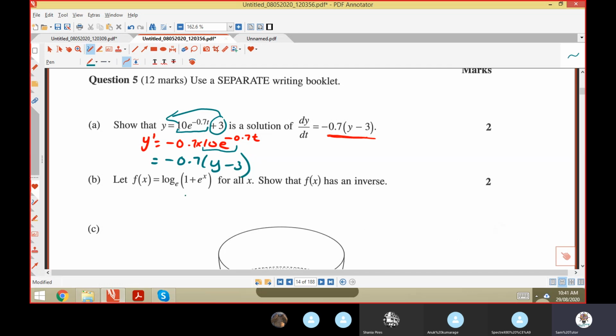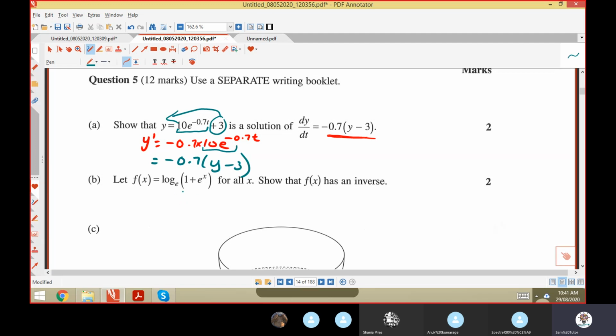You don't have it graphically, so you don't know how it looks. Oh, you show it's increasing or decreasing constantly. Yes. You show that it's monotonic, increasing or decreasing. Monotonic means always increasing or always decreasing.